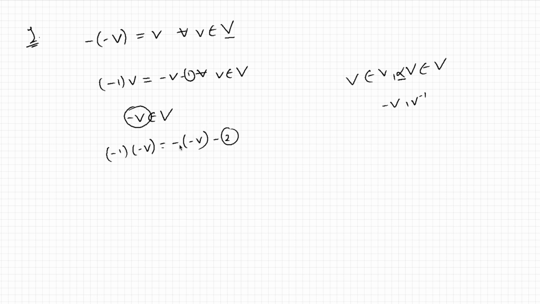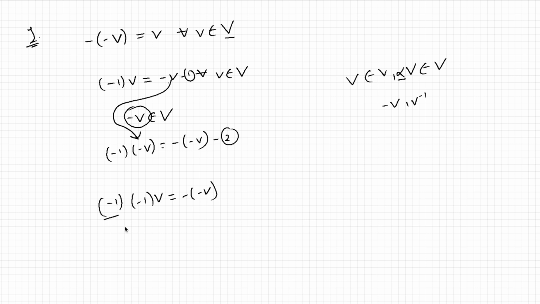Now just replace the value of minus v from here to here. So what will we get? Minus 1 times minus 1 times v is equal to minus of minus v.